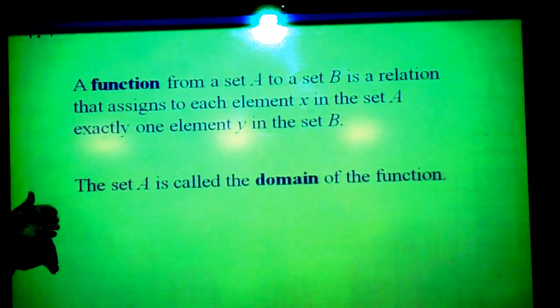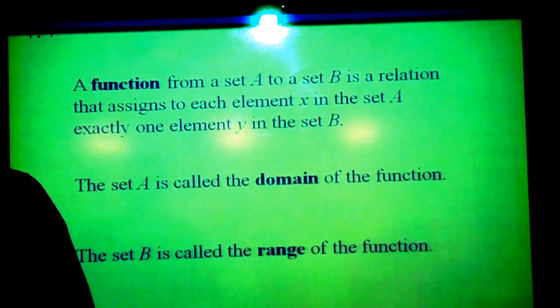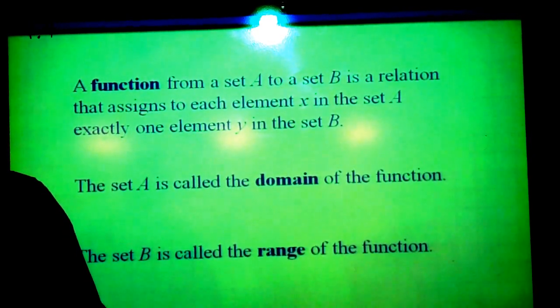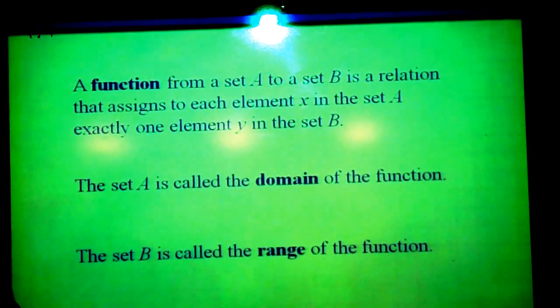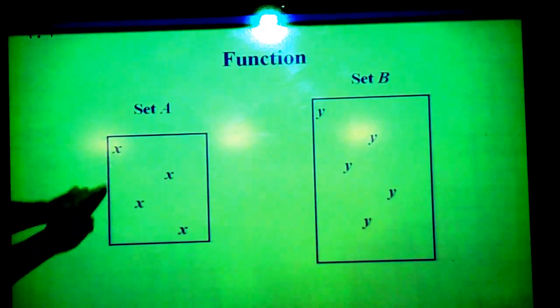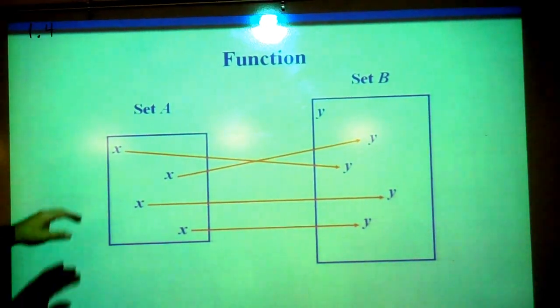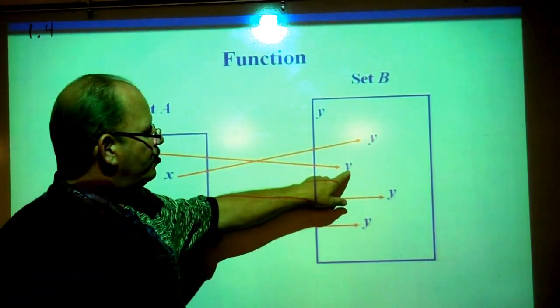For every member of the domain of f of x, there is one and only one member of the range. For every x, there is one and only one y. That's what makes it a function.